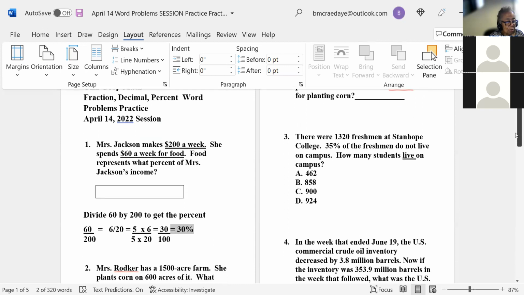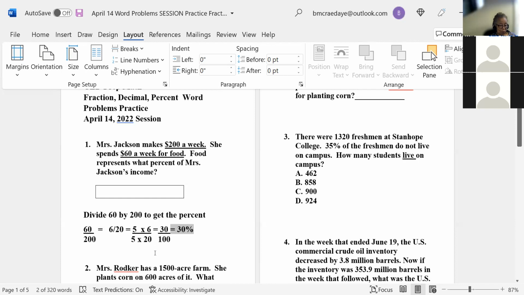Like I say, there's more than one way to do it. You do the way of dividing 60 by 200. When I do that, I cancel out the zeros. Then you find what you can multiply the denominator by to get 100, and use that same number to multiply the numerator.